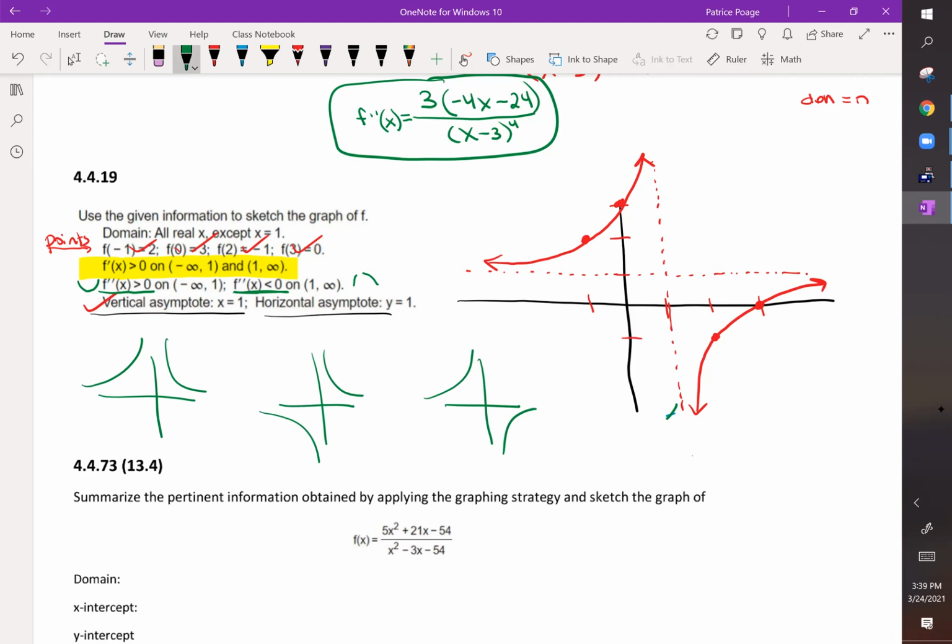And so if you just jump straight to see where is it increasing, where is it decreasing, this one happened to be increasing everywhere except for the asymptote. So we could rule out that one because it's decreasing right there. We could rule out that one because it's decreasing on both sides, and that's the only one left. So it has to be it. You can take advantage of your multiple choice skills here.